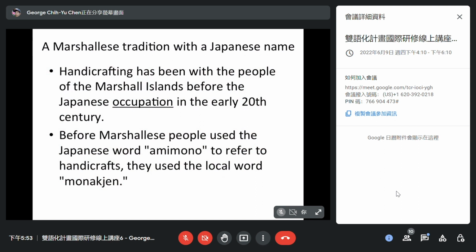People in Marshall Islands are excellent basketry weavers. And they use just basic materials such as coconut shoot and pandan leaves to make different household wares, from baskets to containers.